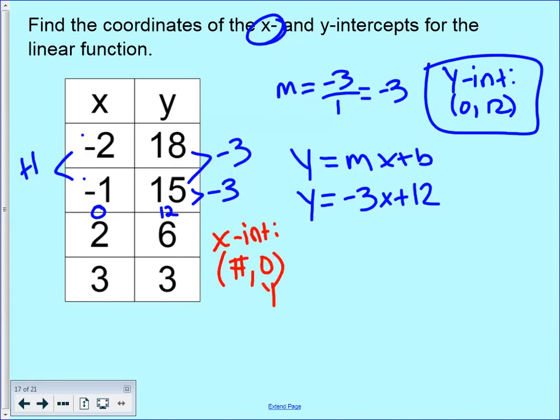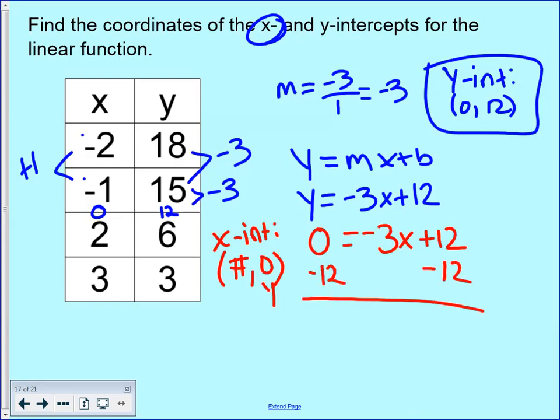So I need to make my y 0: 0 equals -3x plus 12. And then solve this for x. So subtract 12. -12 equals -3x. Divide by -3. X equals 4. So that made my x-intercept 4, 0.